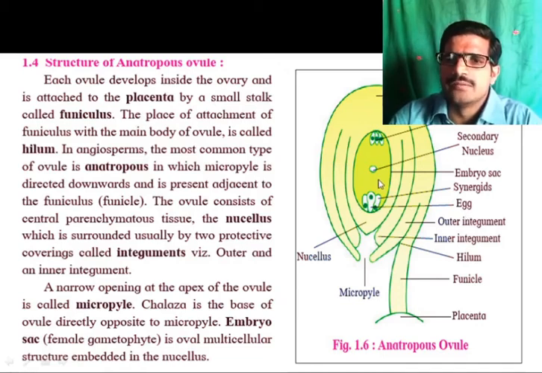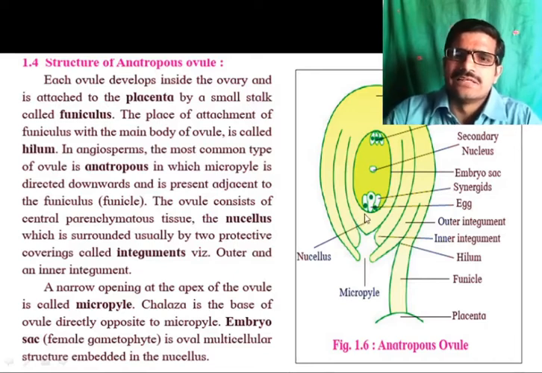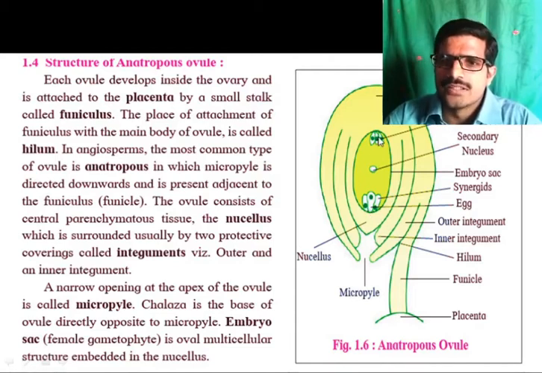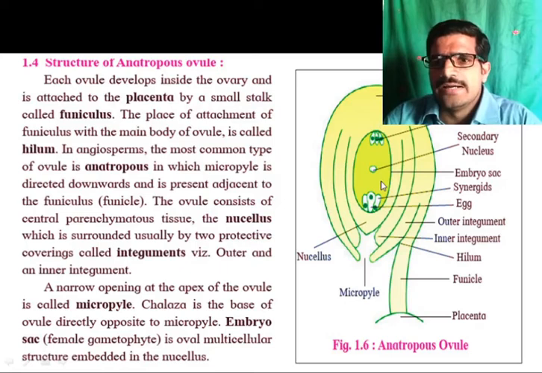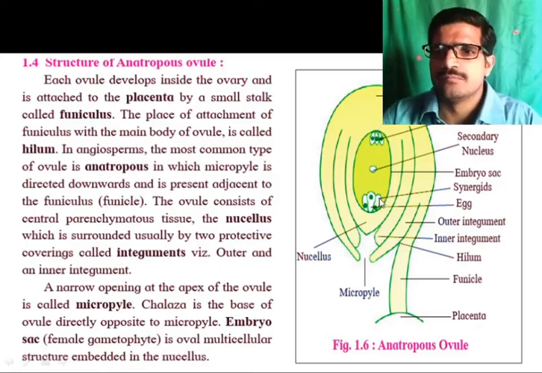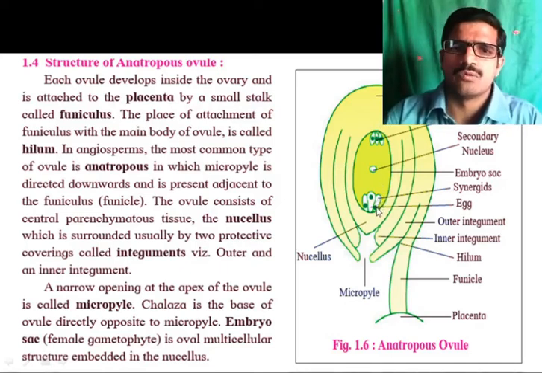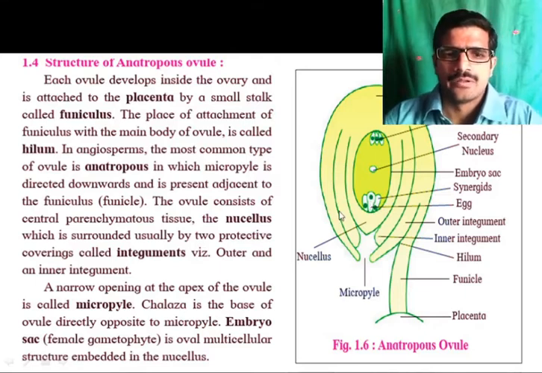The other male gamete fuses with the secondary nucleus; triple fusion takes place and a triploid endosperm is formed. That's why it is called the polygonum type. Seven cells and eight nuclei are formed, so it is a polygonum type of embryo sac.